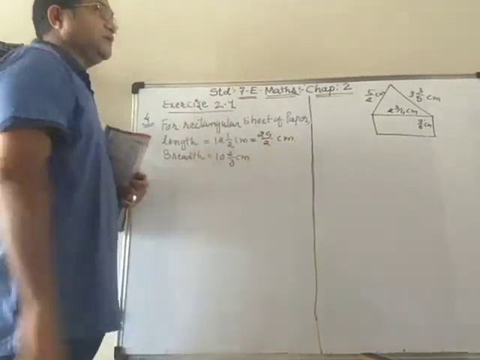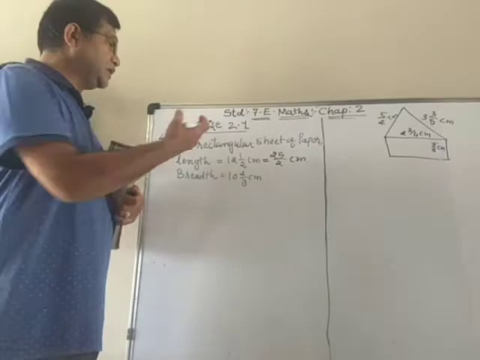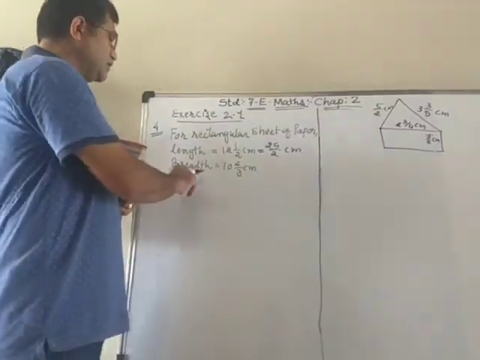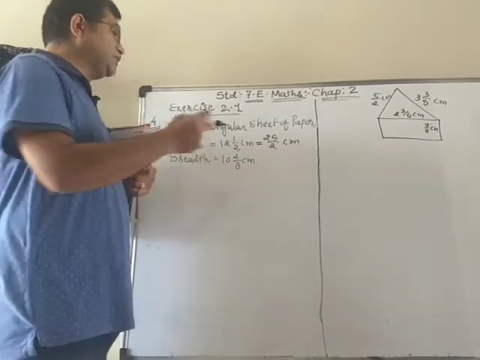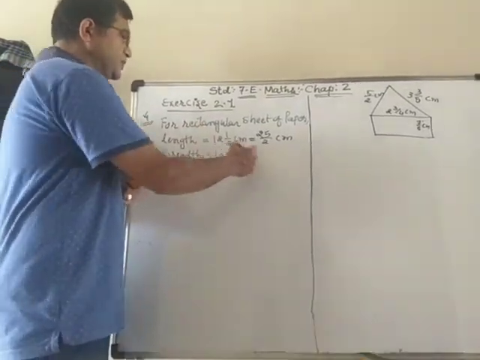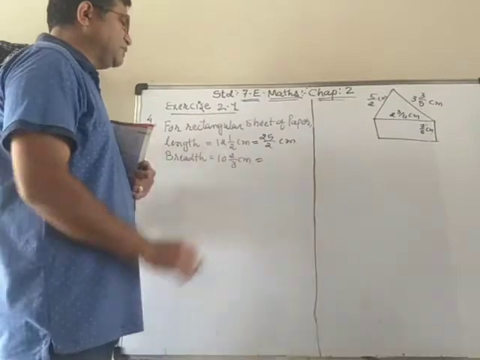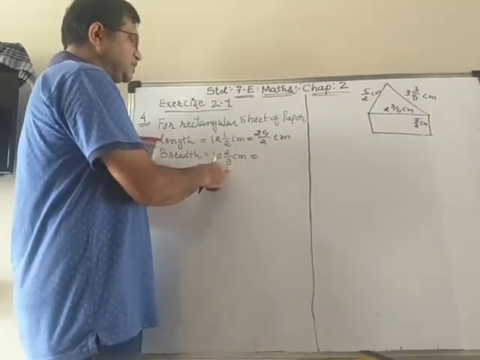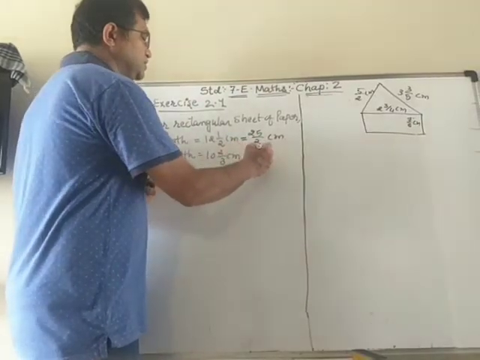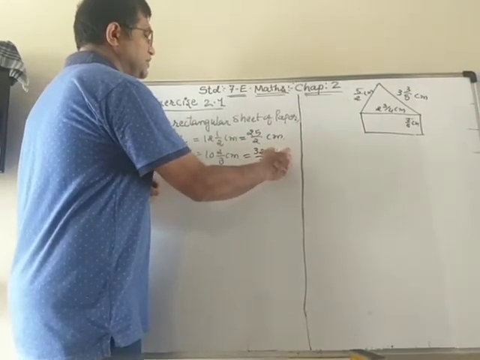So from the mixed fraction we convert it into an improper fraction. Similarly, it is given that it is 10 integer 2 by 3 centimeter wide. Wide means the breadth. So the breadth is 10 integer 2 by 3 centimeter, converting into an improper fraction, 10 3s are 30 plus 2, 32 upon 3 centimeter.